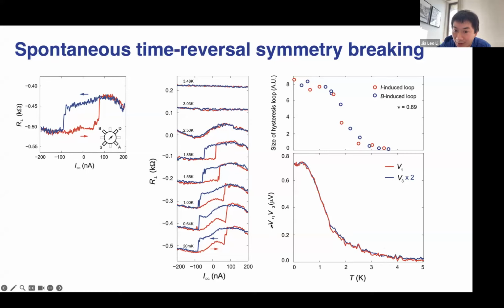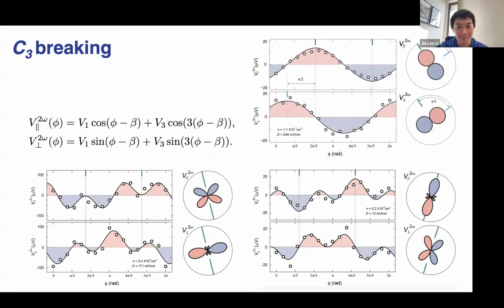V1 and V3 are the amplitudes of the angular oscillation, and they show good agreement, meaning that we only see non-reciprocity when we have valley polarization, and when valley polarization goes away, non-reciprocity also goes away. There seems to be a very nice scaling factor here, but this is fairly detailed, so we don't have to get into it for the time being.